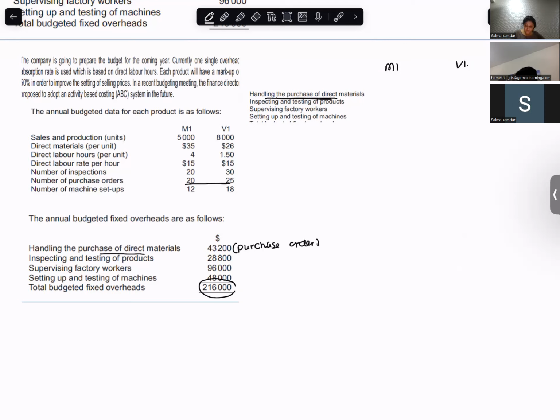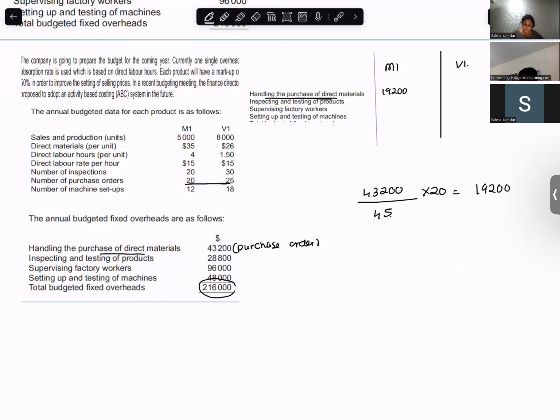So 43,200 has to be divided by 45. Into 20 would go for M1, which is 19,200 overhead cost.